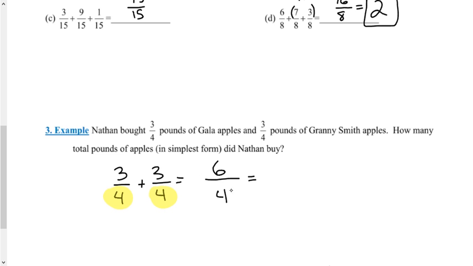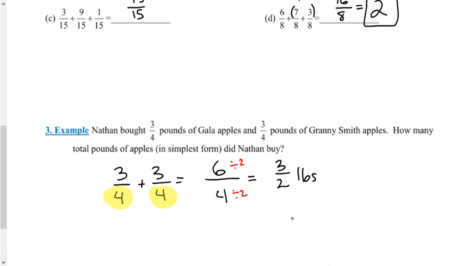6/4. Now 6/4, I know that 2 goes into both of those. I could say divided by 2, and that's going to then make 3 halves. 3 halves pounds of apples. Now that's a good answer, but you know, we don't usually talk like that. Math teachers love this answer because, well, I mean, I love improper fractions.